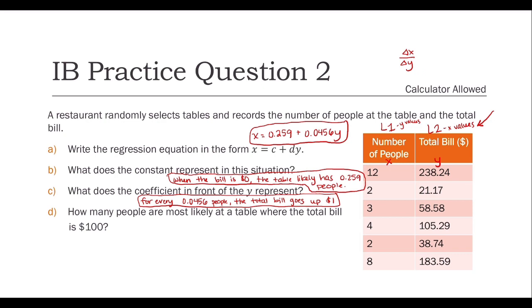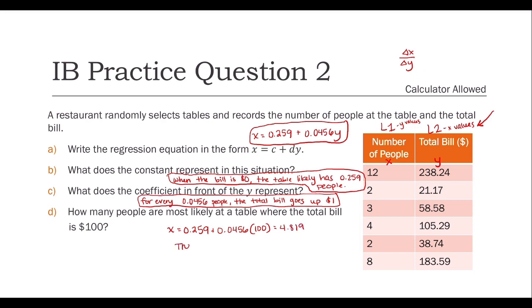Part D says how many people are most likely at a table where the total bill is $100. So that means our y value is $100. So it would be x equals 0.259 plus 0.0456 times 100, which equals 4.819.